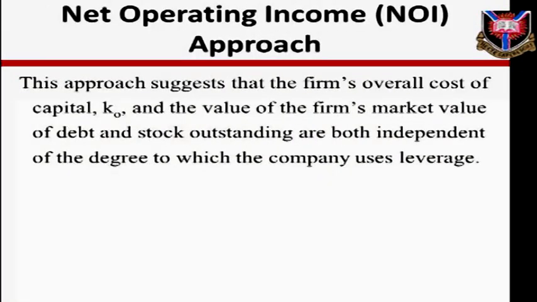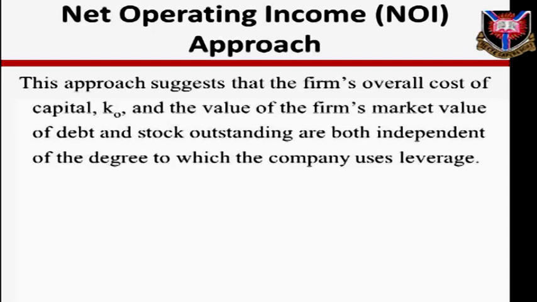Net operating income approach. This approach suggests that the firm's overall cost of capital, K0, and the value of the firm's market value of debt and stock outstanding are both independent of the degree to which the company uses leverage.